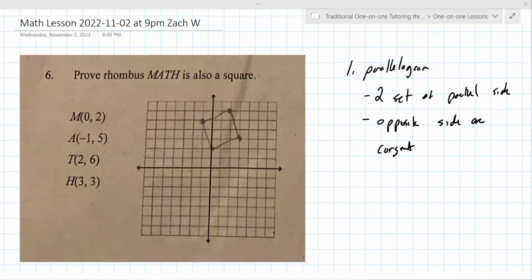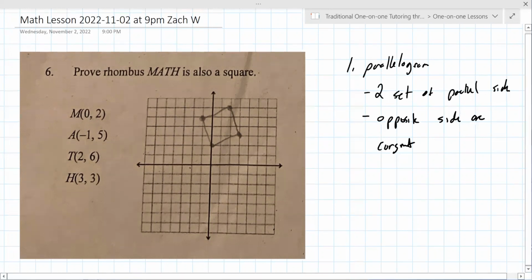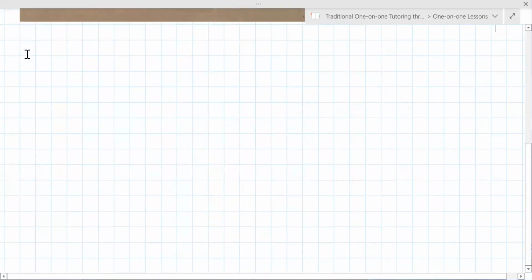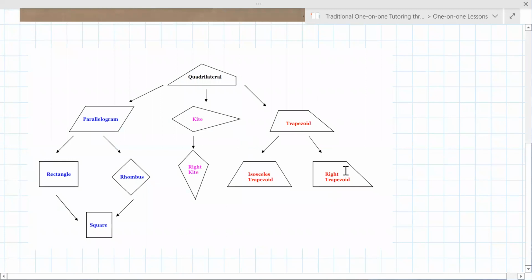I really like this chart. So let me start with this. We'll come back to this problem shortly, but this is really going to help you. So the chart shows you what a quadrilateral is. It's got 4 sides, but everything has 4 sides.